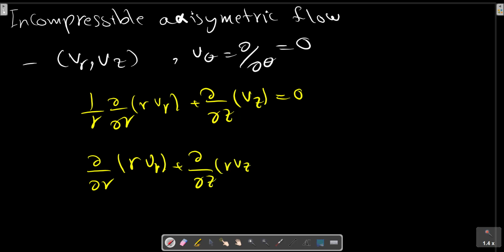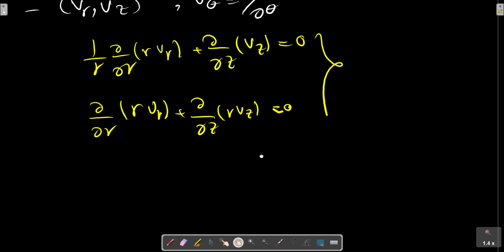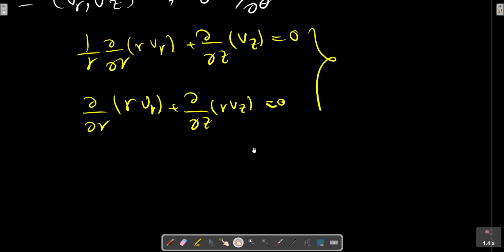We can obtain, by comparing these two relations with the psi function, this relation for the continuity as a function of the stream function.